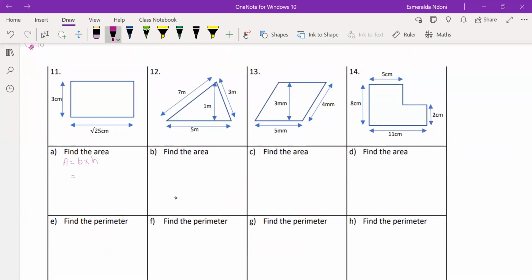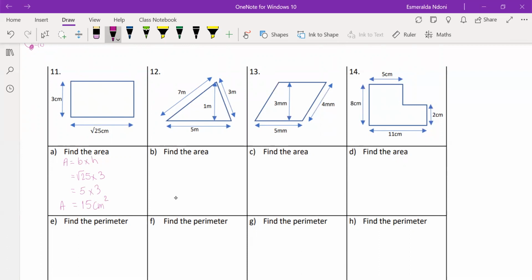What do I do next? I substitute. I have square root of 25 times 3. That's your base and that's your height. Square root of 25 is 5, times 3, and the answer is 15 centimeters squared. That's it. It's finished.